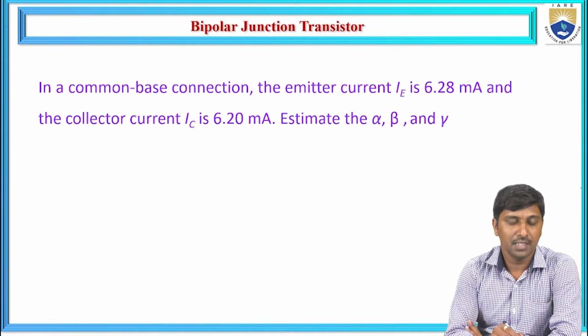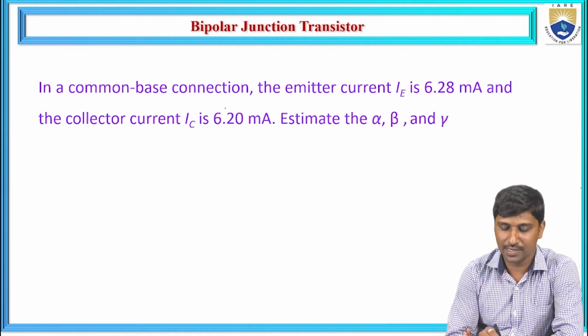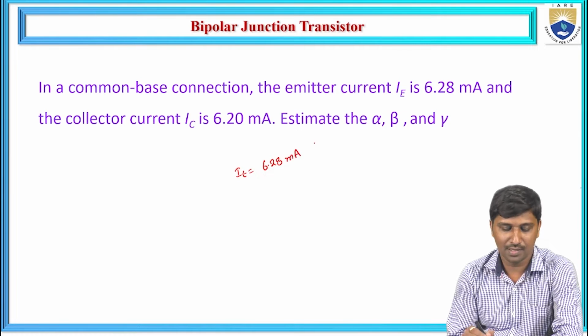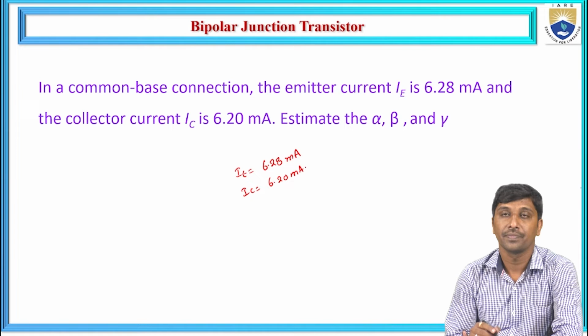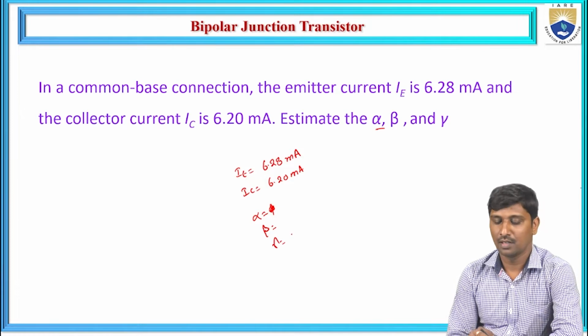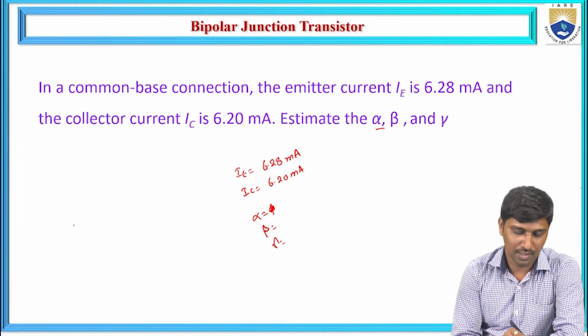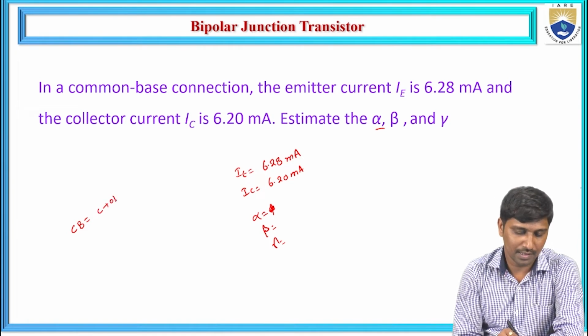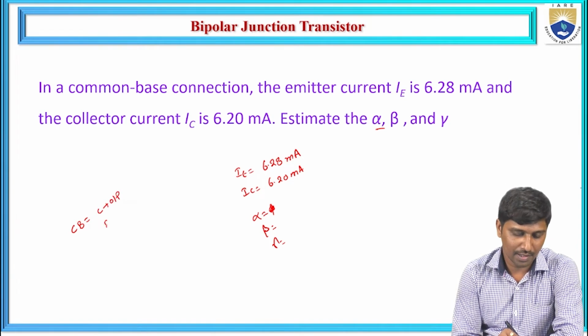Now, the next question. In a common base connection, the emitter current, the IE value, is 6.28 milliamperes and the collector current is 6.2 milliamperes. Now we need to estimate alpha, beta, and gamma. We know that in CB, common base, the collector acts as the output terminal and the emitter acts as the input.